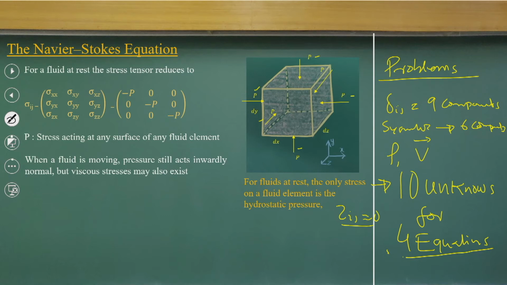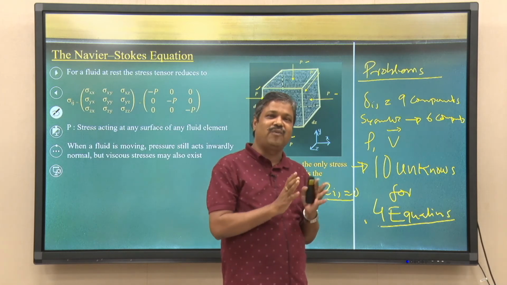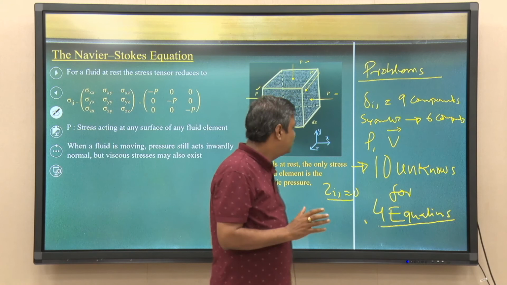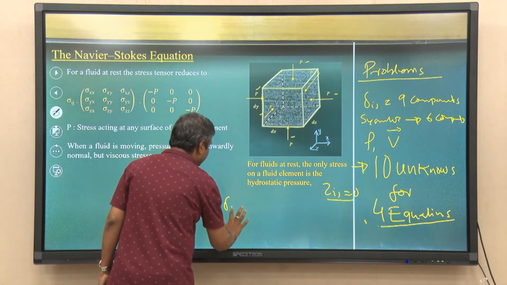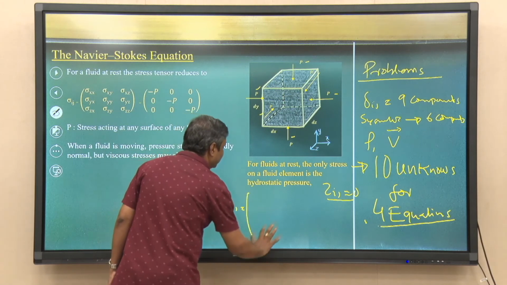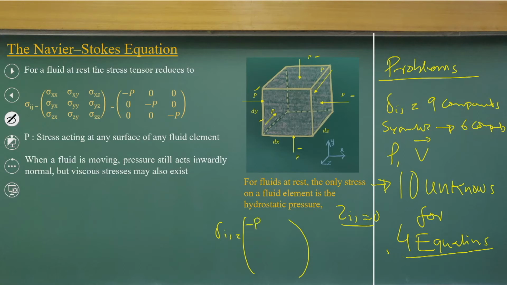That means, if I consider a fluid at rest, the stress tensor which I defined earlier comes out to be, again I am just writing the stress tensor for you: minus P 0 0, 0 minus P 0, 0 0 minus P. That is what it becomes, because there is no shear stress component when the fluid is at rest.